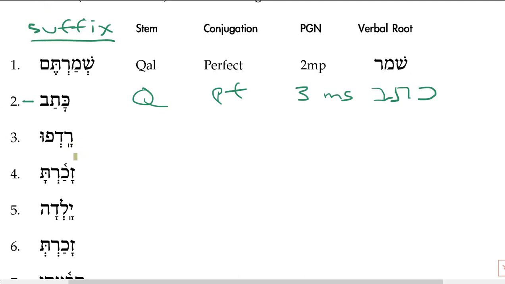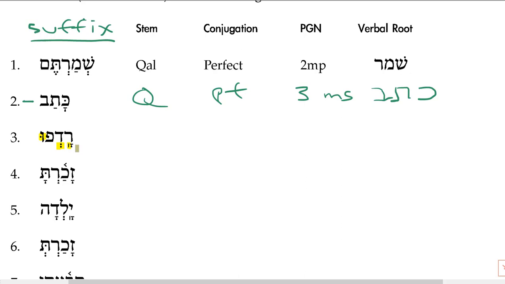So we have here radafu. Here's our suffix, this shureq. Nothing before it, so it looks a lot like a Qal Perfect. There's also a few other characteristics here. We have this vocal schwa in the second syllable, and this little vertical line here is telling us that that is a vocal schwa. So radafu, that little line is called a meteg.